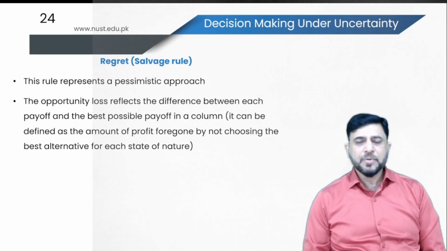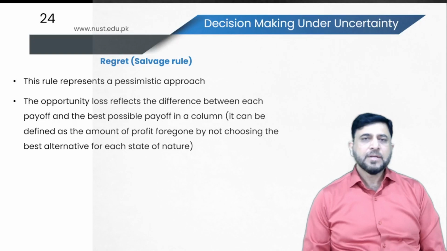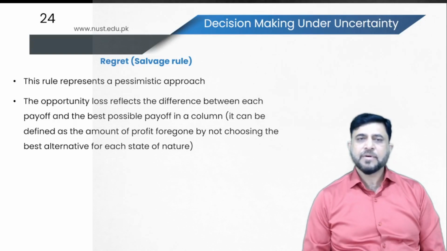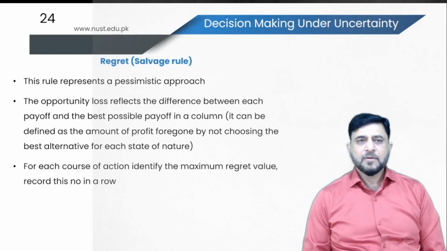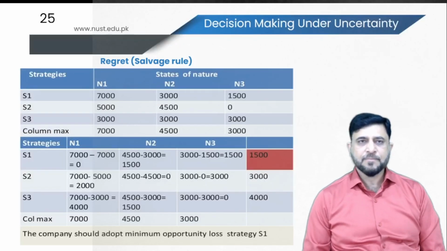We have to compute it for each alternative. It can be defined as the amount of profit foregone by not choosing the best alternative for each state of nature. For each course of action, identify the maximum regret value and record this number in a row. Select the course of action with the smallest anticipated opportunity loss value.